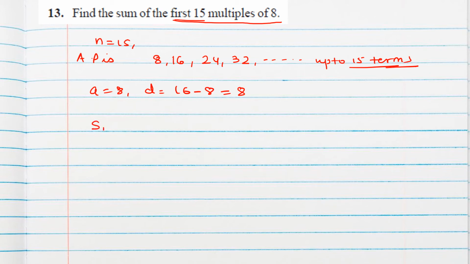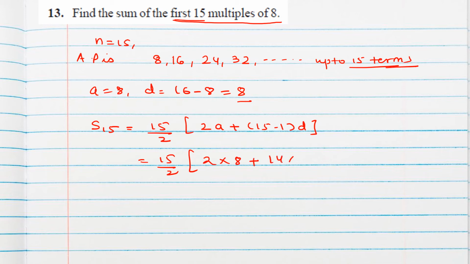So S15 we can find by using the formula of n by 2 into 2A plus n minus 1 D, that is 15 minus 1. Now substitute A value and D value here. So 2 into 8, 15 minus 1 means 14 into 8. 8 we can take common.